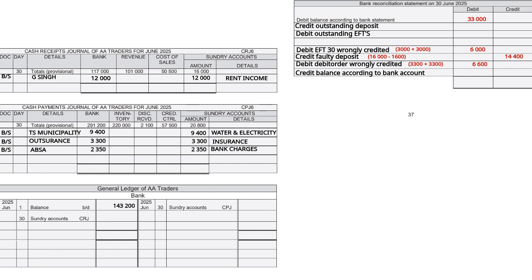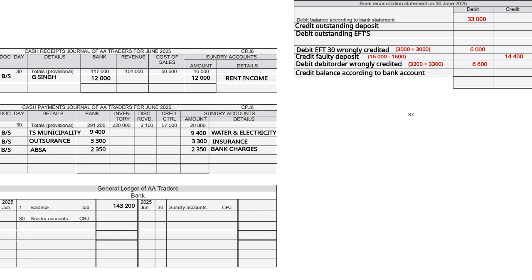Then do you see we also have an interest of 4350. Now this interest in this case is not like the previous exercise. It is now in the debit column. So if we have interest on the debit column, it means our bank account went into overdraft and the bank now charged us interest. So this is interest on overdraft, which is an expense. So this interest will go to your cash payments journal.